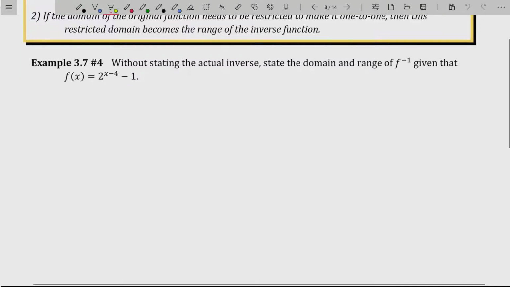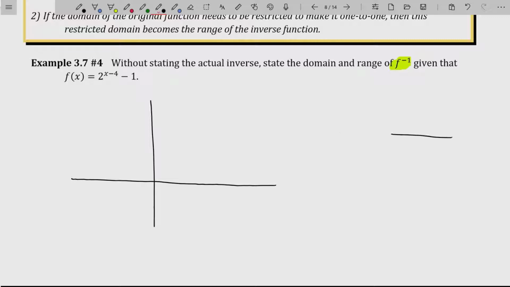So let's go ahead and figure out what the domain and range of the inverse function is if our function's 2 raised to the x minus 4 and then minus 1. The easiest way to do this, in my opinion, is to graph this exponential function. Most exponential functions in the natural sciences look like this.